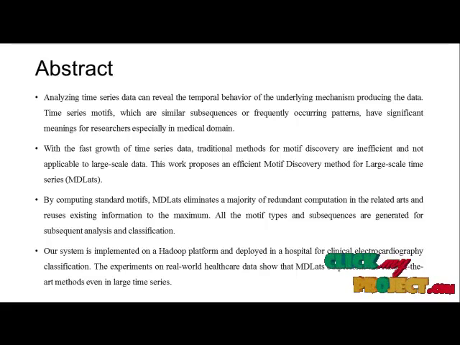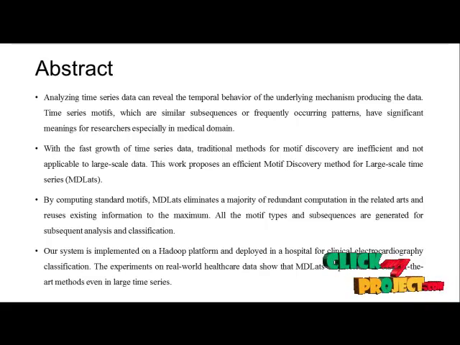By computing standard motifs, MT-lags eliminates a majority of redundant computation in the related orders and reuses existing information to the maximum. All the motif types and subsequences are generated for subsequent analysis and classification.